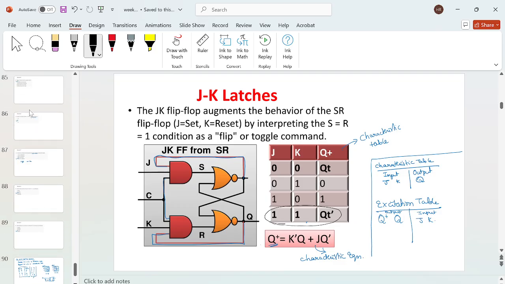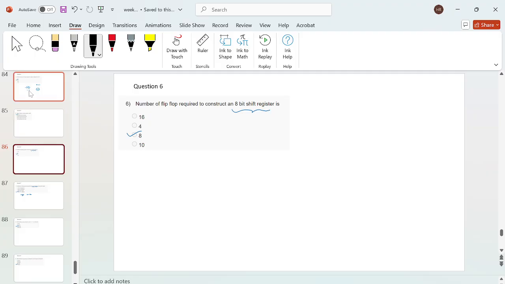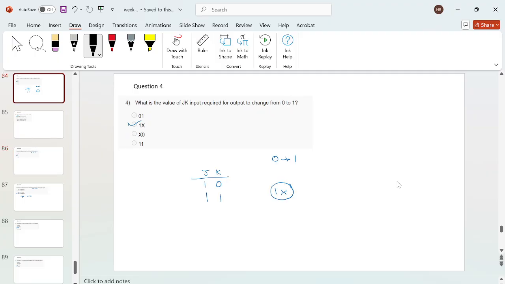Okay, next, question number 1. We want the output to change from 0 to 1. When will this happen? If it is 1, then either a set operation is happening or it is a toggle operation.